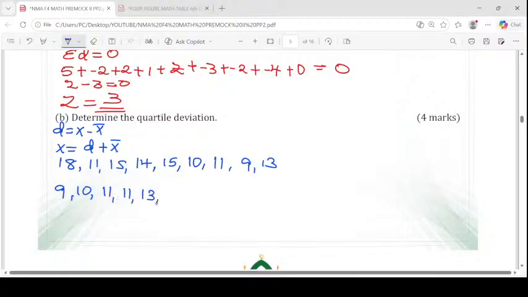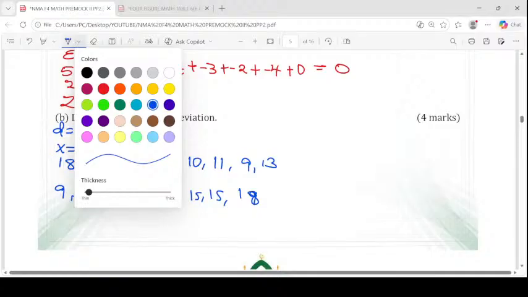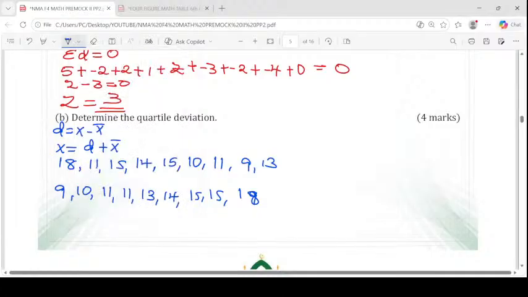Then 13, 14, 15 appears twice, then 18. That should be 9 values. Let me get the Q2 first. The Q2 is the middle one. This and this cancel, this and this cancel, this and this cancel, this and this. So 13 here becomes our Q2.